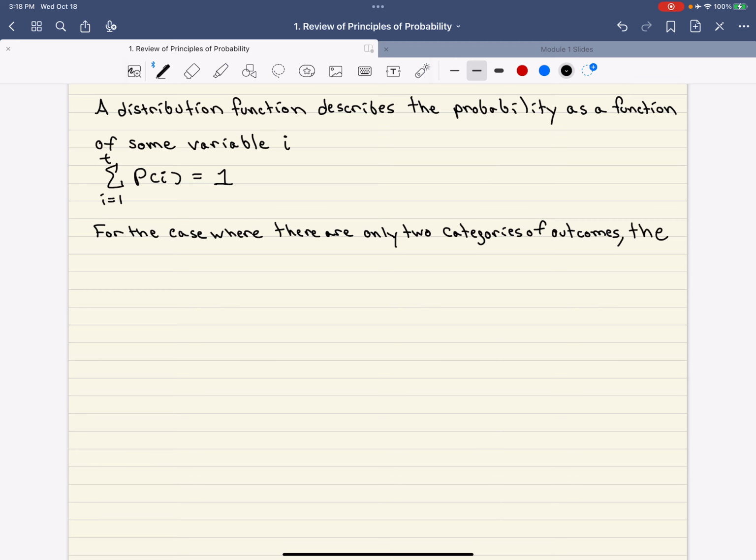we can model our probability distribution using what's known as the binomial distribution.